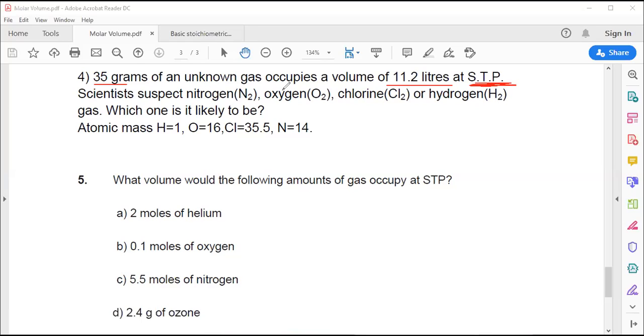How do I compare? But when I calculate here, I'm not going to get volume. I'm going to get a number of moles, isn't it? How do I link the two?